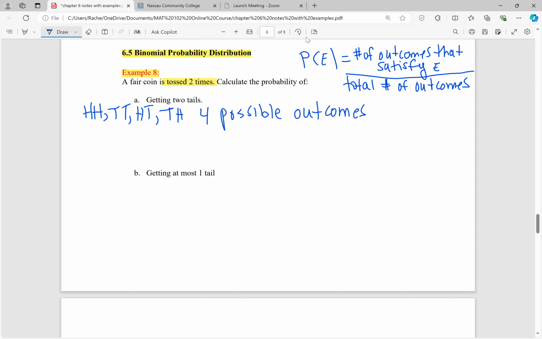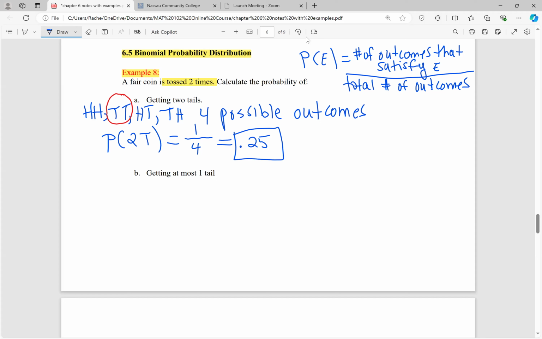Then out of the 4 possibilities, how many satisfy the event of getting 2 tails? Just one, the TT. So the numerator is 1. My answer is 1 out of 4, or 0.25 in decimal form. So there's a 25% chance that if we toss a coin twice, we get 2 tails.